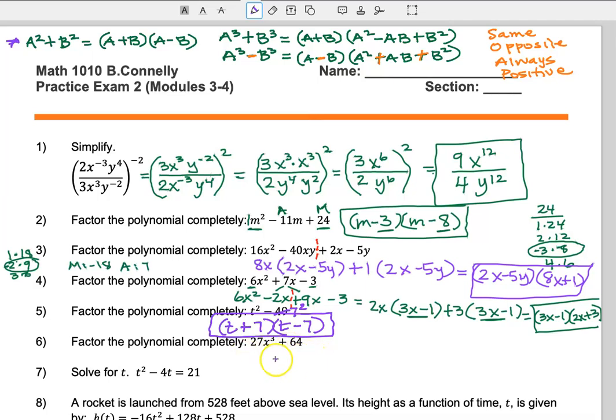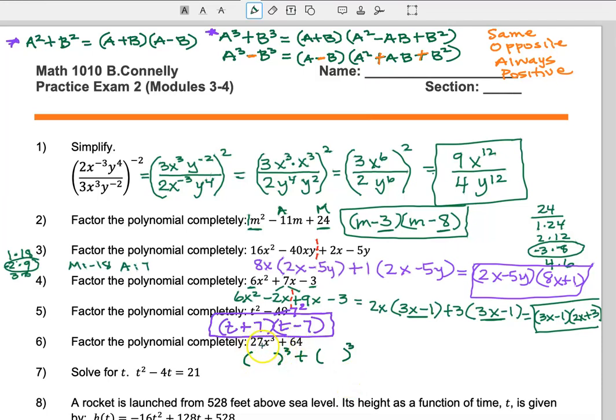Okay, so now we have a sum of cubes. So we're going to be using this top one here because it's connected by addition. Probably the trickiest part, the part that people forget, is that 27 is not our A and 64 is not our B. We need to rewrite this so that it is something all cubed plus something all cubed before we can write out how it factors.